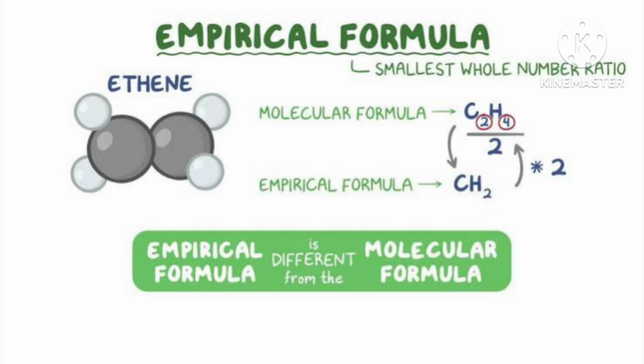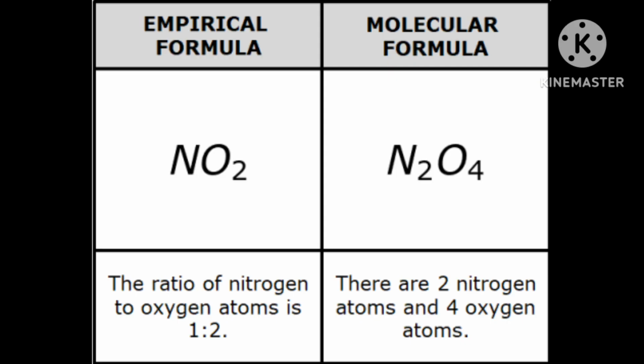A compound contains 69.5% oxygen and 30.5% nitrogen, and its molecular weight is 92. The formula of the compound is, 4 options are there. First option is N2O. Second option is NO2.